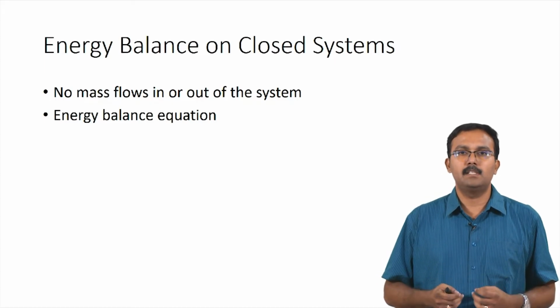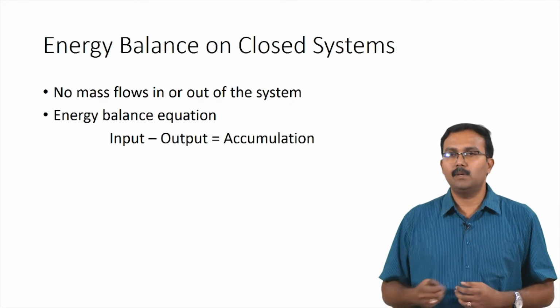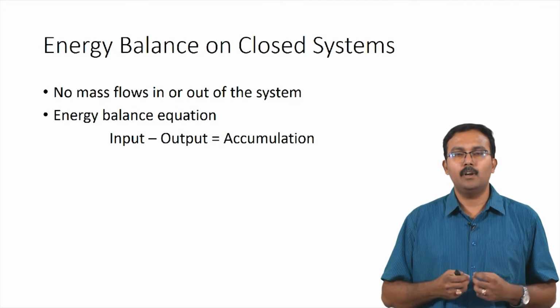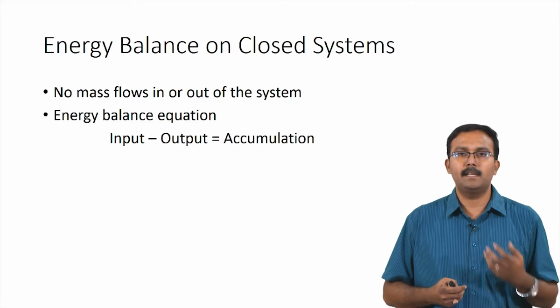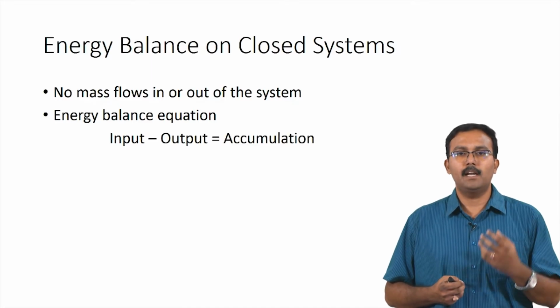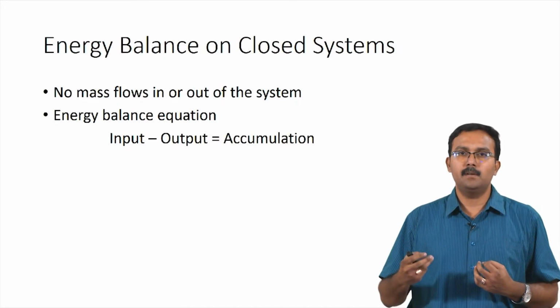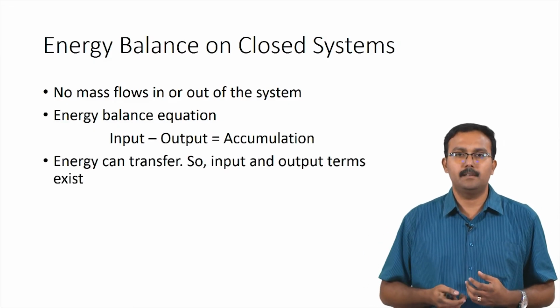Energy balance for this would be written like input minus output equals accumulation. So, you do not have generation and consumption terms for energy, because energy can neither be created nor be destroyed. So, this means input and output are the only terms which you would have, and accumulation will go to 0 at steady state.